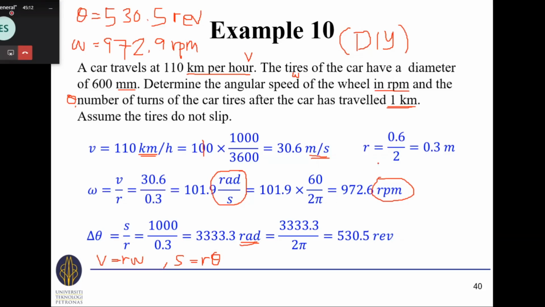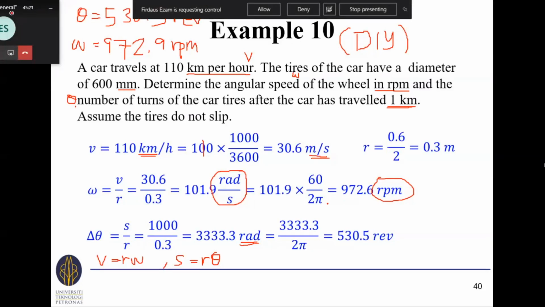So it's a matter of decimal places only, and I think it should be okay. For the decimal places, you can keep your answers as long as they are not so much different from mine, or we can just check again. You can check with your friends to make sure your calculation is right.